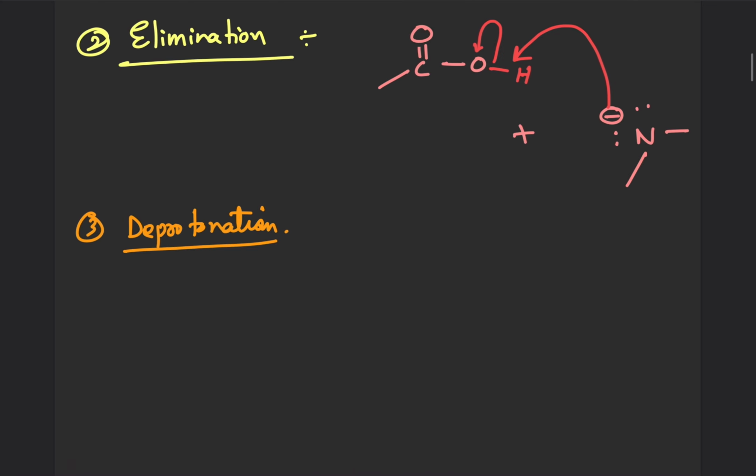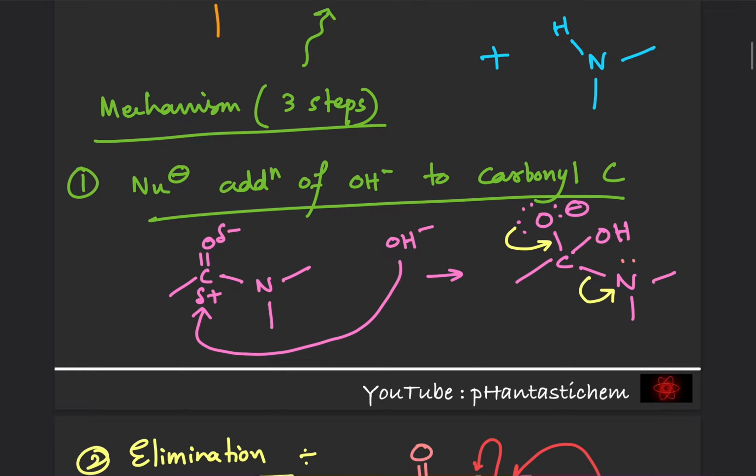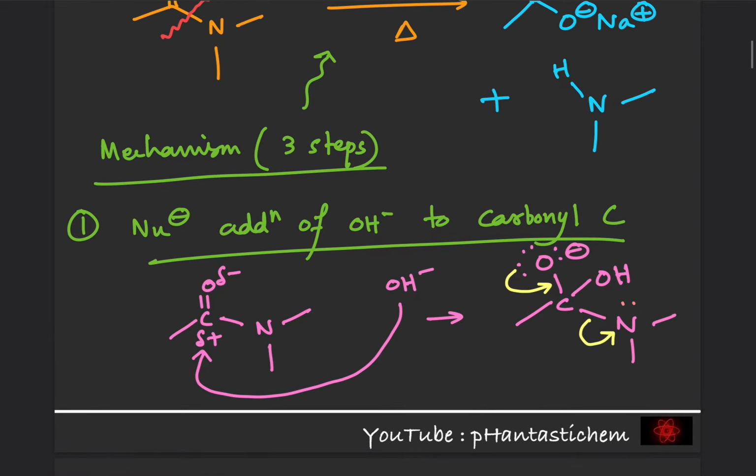So we get, upon deprotonation, C double bond O with a negative charge, and nitrogen will have formed a bond with H and two other groups, and it will have a lone pair. Okay, and if you remember, there was a Na plus in the beginning because we are adding NaOH, right?